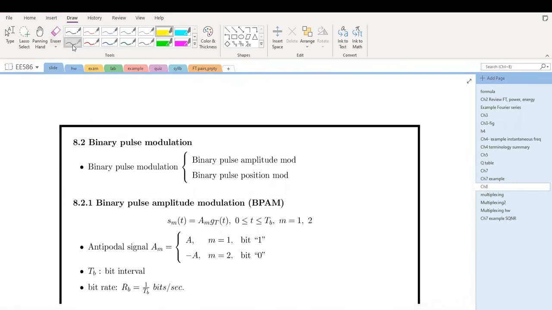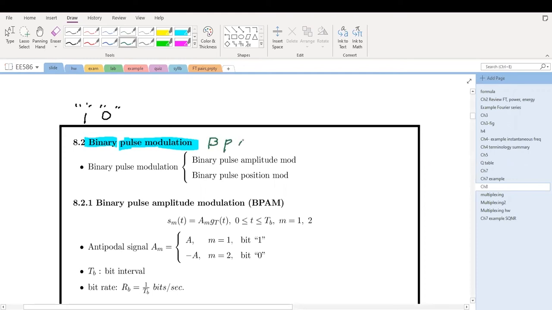Because we only have digital 1 or digital 0, the pulse modulation is also called binary pulse modulation, shorthanded BPM, so binary pulse modulation.